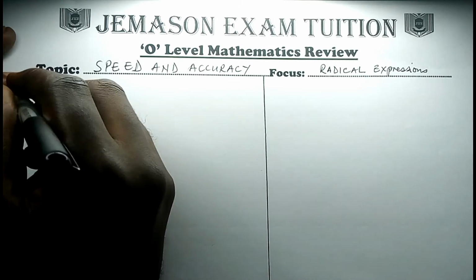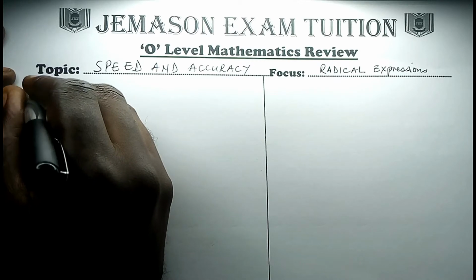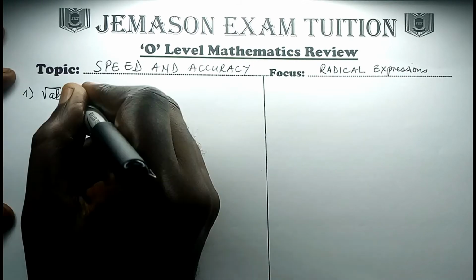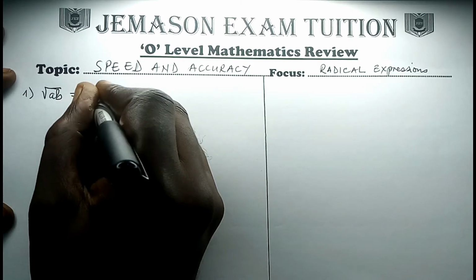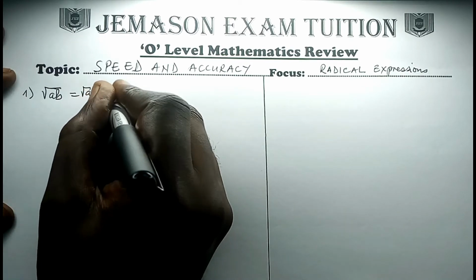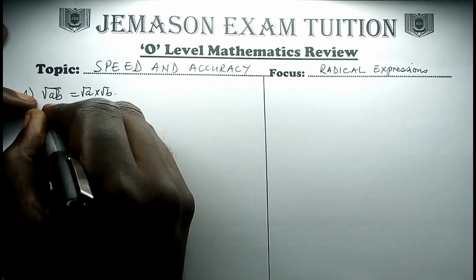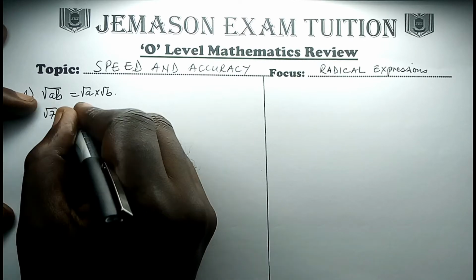In the first situation, we have the root of AB, which is supposed to be root A times root B. From time to time, we are required to use this property to simplify surds, such as the square root of 75.